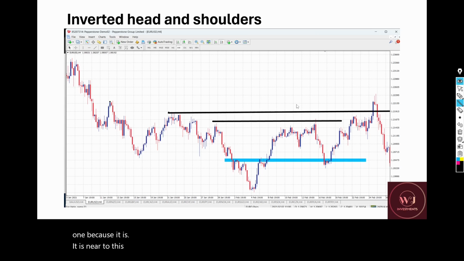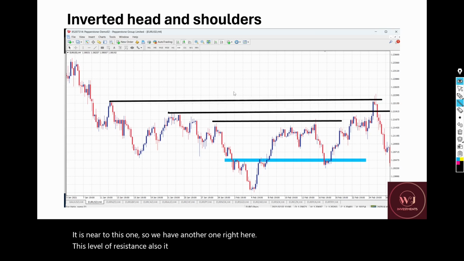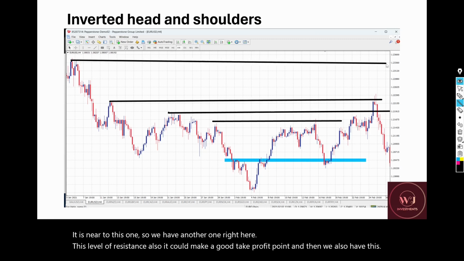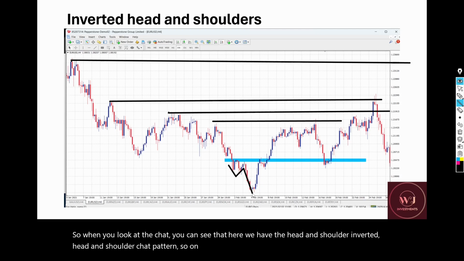So we have another one right here. This level of resistance also could make a good take profit point, and then we also have this huge one. So when you look at the chart, you can see that here we have the inverted head and shoulders chart pattern. So on this inverted head and shoulders, we are waiting for two things.